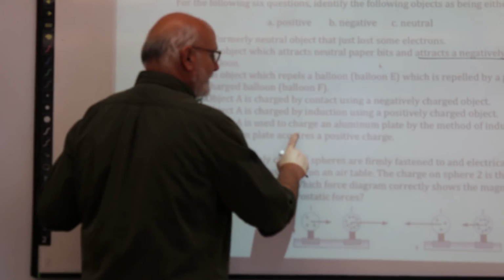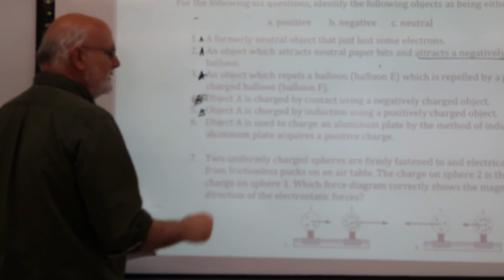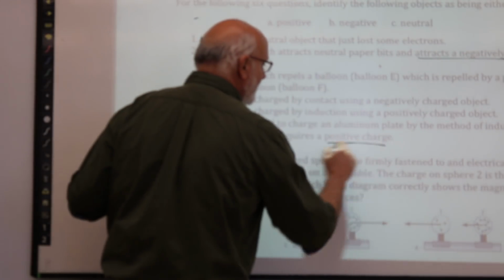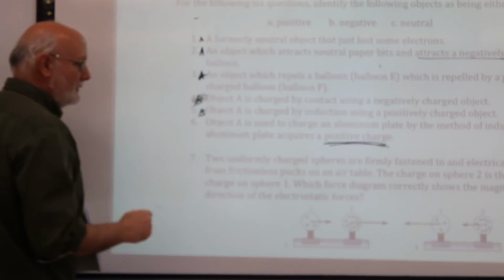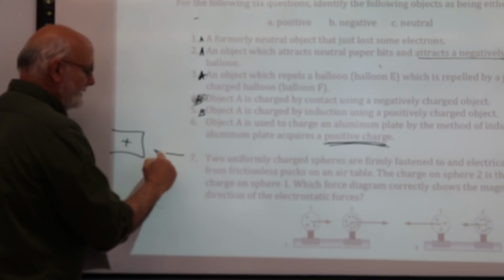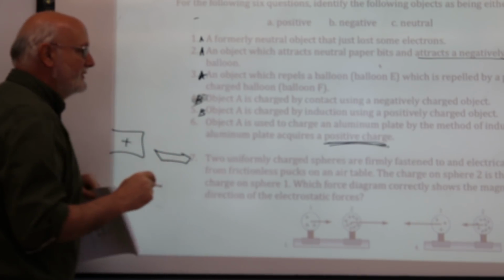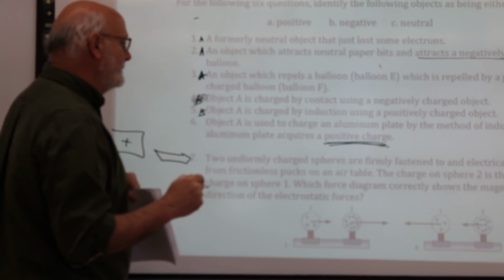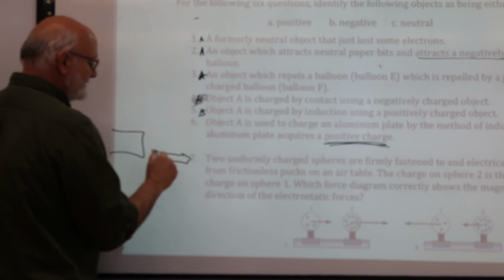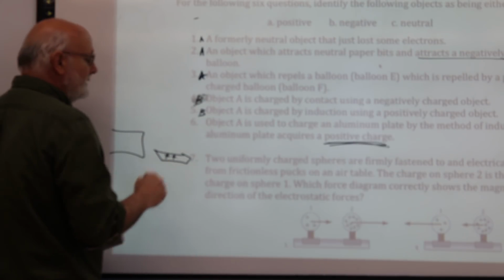Object A is used to charge an aluminum plate by the method of induction. The aluminum plate acquires a positive charge. Okay, here's object A. Here's the aluminum plate. Object A is used to charge an aluminum plate. The aluminum plate gets a positive charge. Boom, positive, positive. There's your aluminum plate.